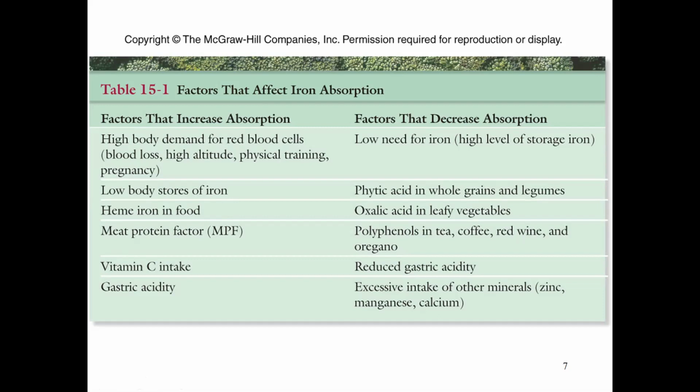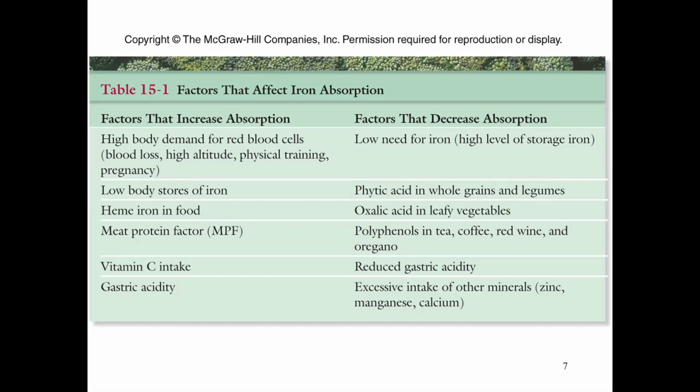If your body needs iron, if there's a high demand, maybe you've lost blood, we need more iron at higher altitudes. If we're physically training, exercising a lot, or we're pregnant, we will absorb iron more efficiently than without being in those conditions. Similar line of thought, if you have low storage of iron, so you don't have a lot of ferritin, you will absorb iron better.